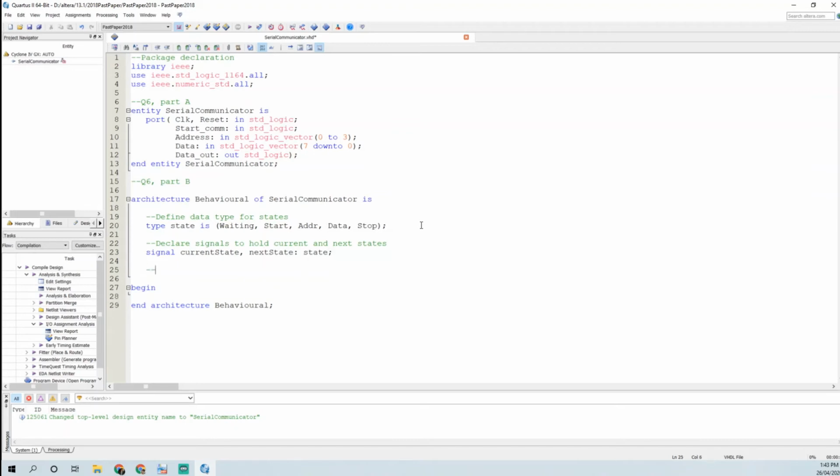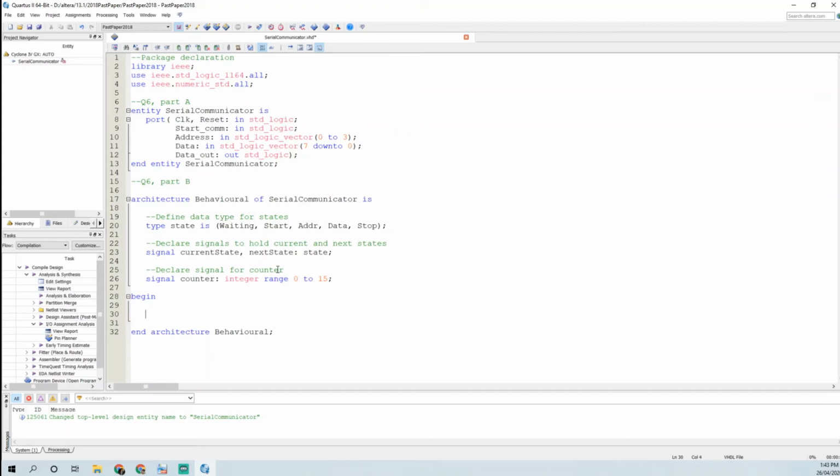And then I would like to declare a signal for the counter. My counter is going to be an integer that will exist in the range of 0 to 15 as determined by our state diagram. That takes care of the signal declaration section in our architecture.